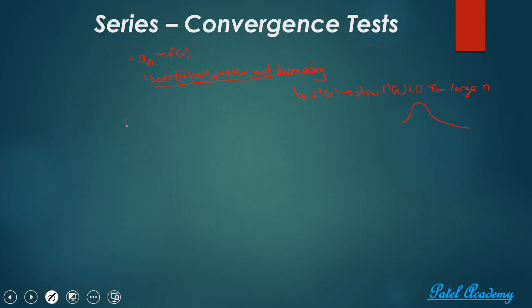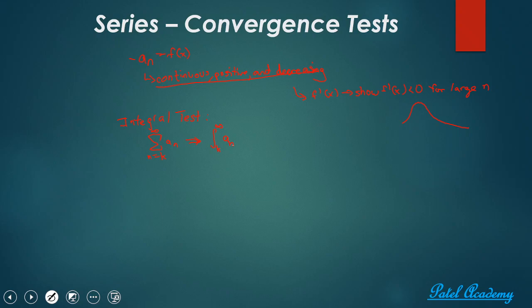So then what is the integral test? The integral test states that if you have a function that follows these conditions, and you have the sum from n equals some value k to infinity, most of the time this k will be 1, but it can be other values like 2 or 3, that's fine, of this a at n, then you take the integral from k to infinity of a at n.